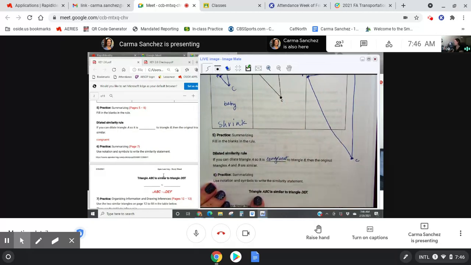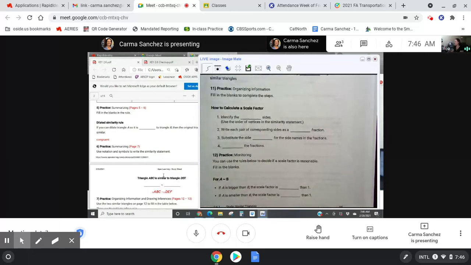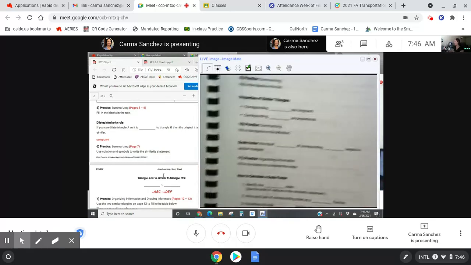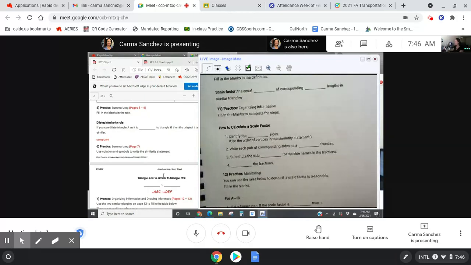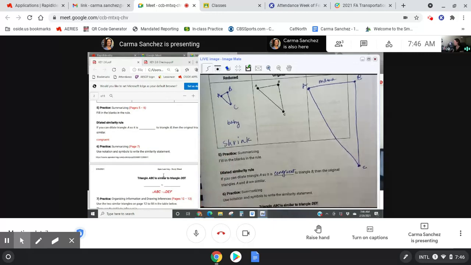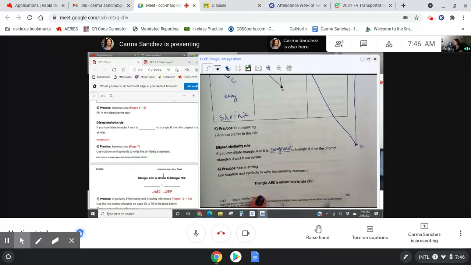Now, way down here at the bottom, triangle ABC is similar to triangle DEF. That's going to go with the next page here. These little lines, see these lines at the top? So I'm going to go back down to that original page, and I'm just going to write it here. I don't want those blank lines away from it. But so what is the notation we would use to write this? We would write triangle ABC is similar to triangle DEF.